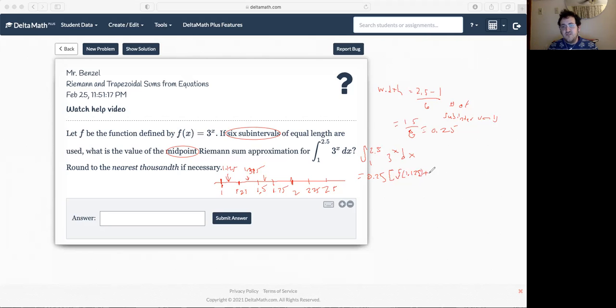So we're going to have f of 1.125 plus f of 1.375 plus f of 1.625 plus f of 1.875 plus f of 2.125 plus f of 2.375.